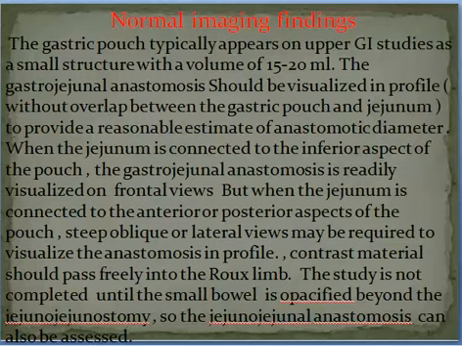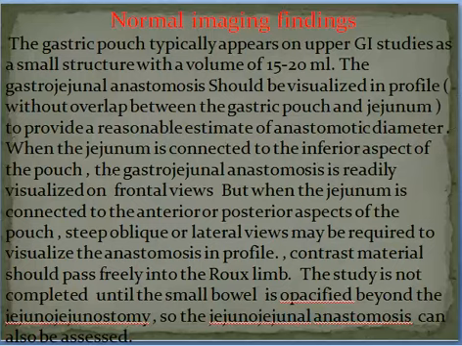The gastric pouch typically appears on the upper GIT as a small structure with a volume of 15 to 20 milliliters. The gastrojejunal anastomosis should be visualized in profile without overlap between the gastric pouch and the jejunum. This is important to provide a reasonable estimate of the anastomotic diameter.